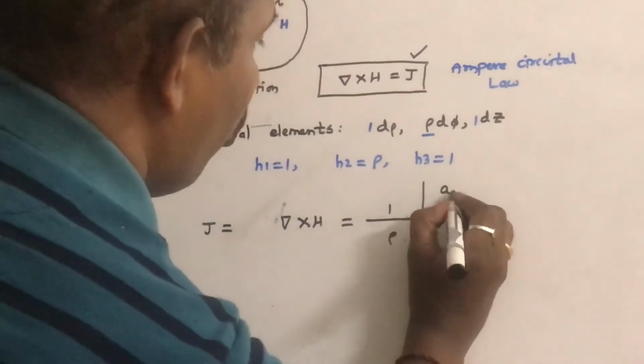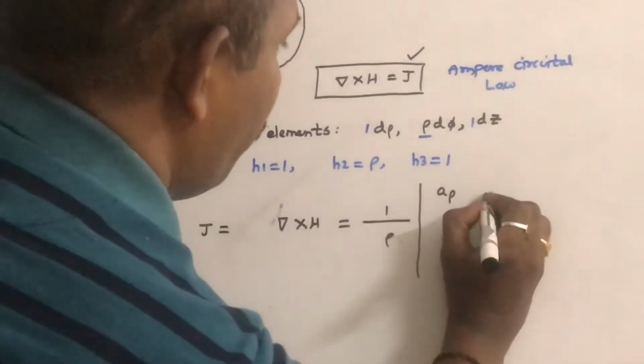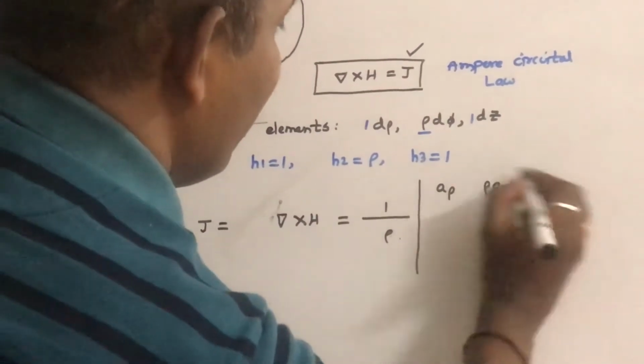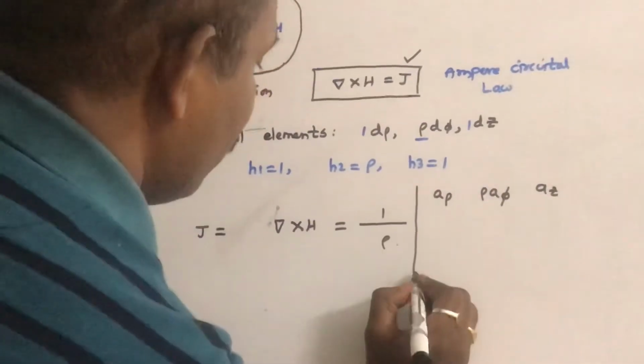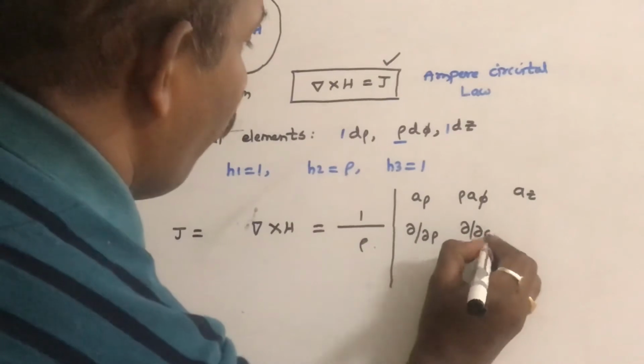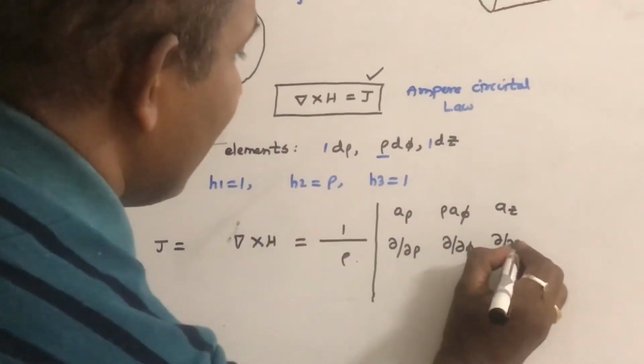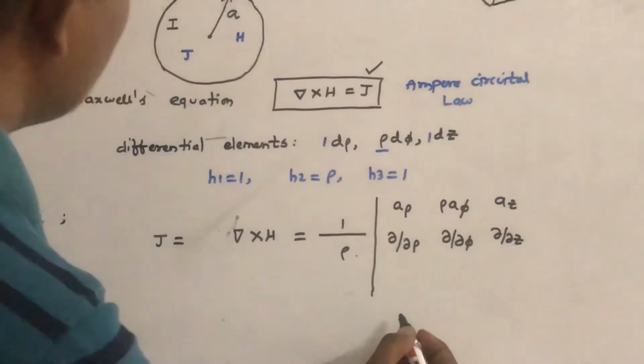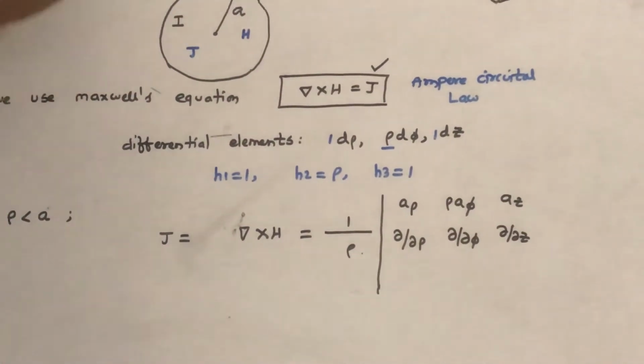The first row is h1 a_rho, h2 a_phi, h3 a_z. The second row, because of the cylindrical coordinate system, is dou by dou rho, dou by dou phi, dou by dou z. The last row is the H given inside the conductor.